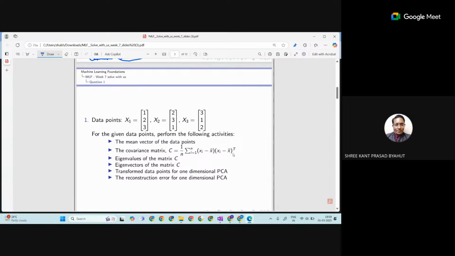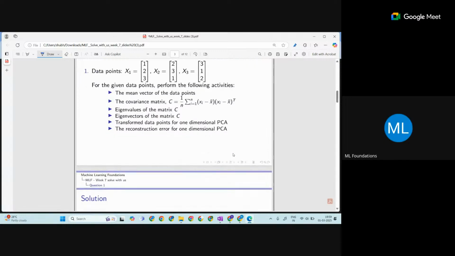Suppose we are reducing from 1000 dimensions to 4. Then the 4 highest values mean that these 4 dimensions are more important.